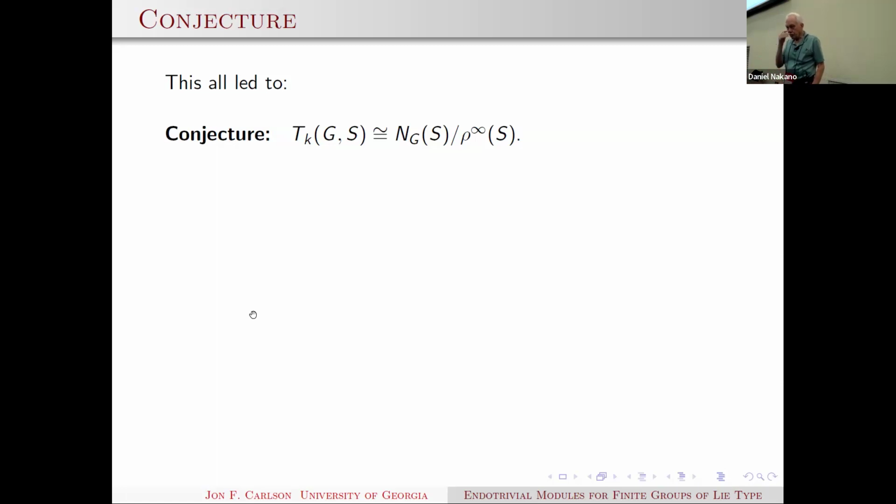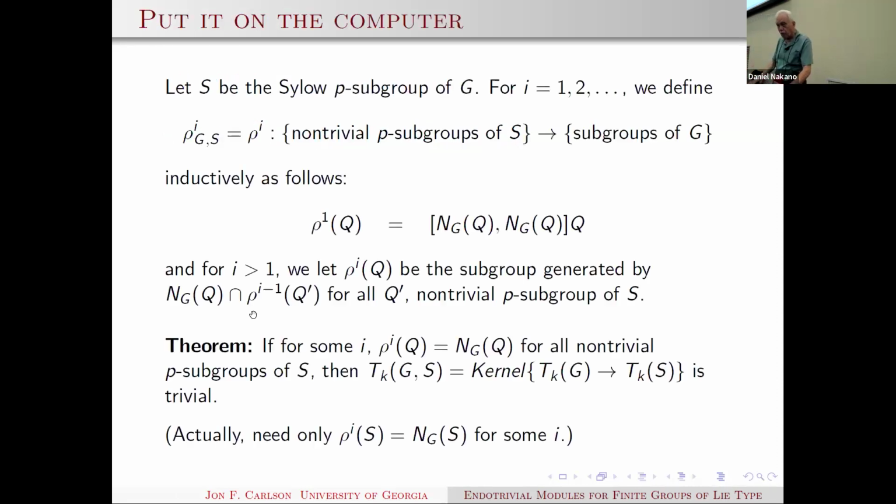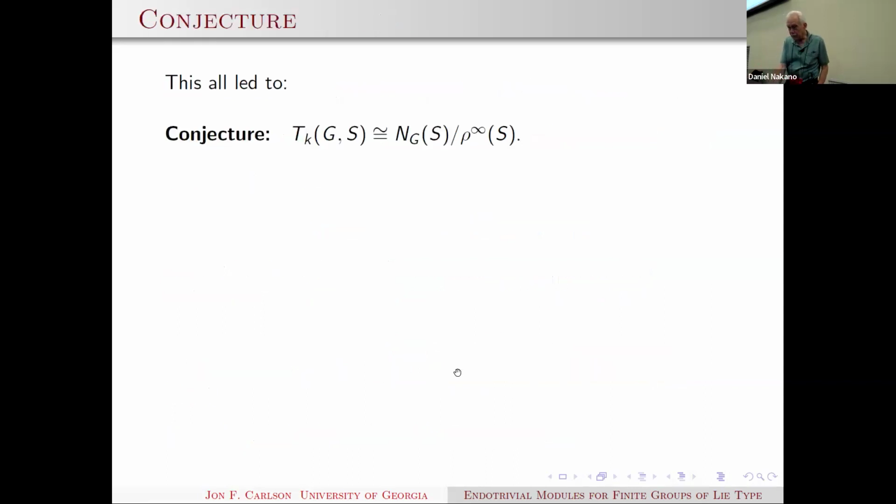So that's the conjecture. And the way we got the conjecture was, if you go back to the theorem here, whenever rho i of Q or rho i of S is not the whole thing, then you look for an endotrivial module, and we could always find it. So it just seemed to be right.